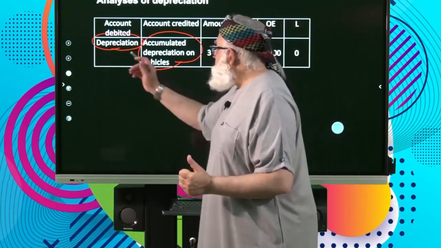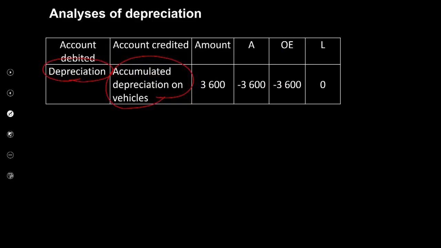In terms of my classification, obviously there's the amount, 3,600. Watch. A negative asset reduces the value of your asset. Therefore, accumulated depreciation will result in assets decreasing by 3,600, and your depreciation will result in your owner's equity decreasing by 3,600.